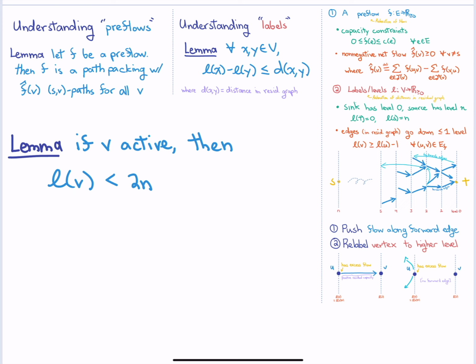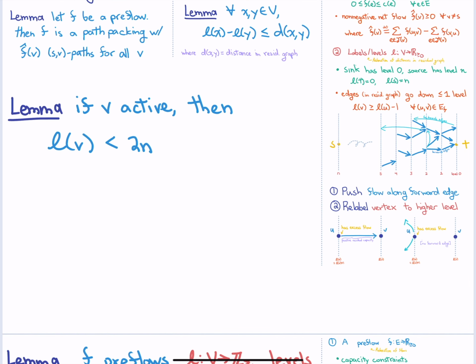All right. Here's another lemma, but this one you guys might be able to guess. For every vertex V, if V is active, then its level is strictly less than 2n.